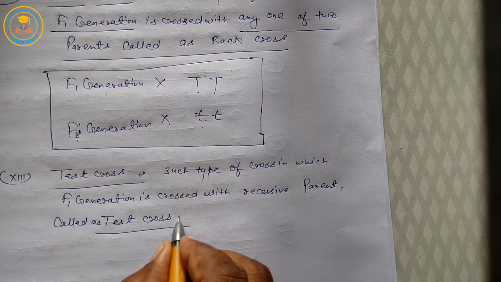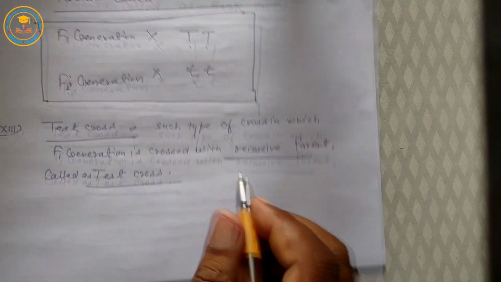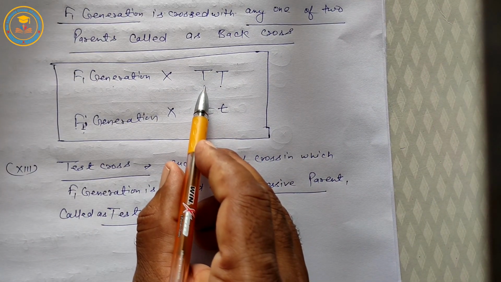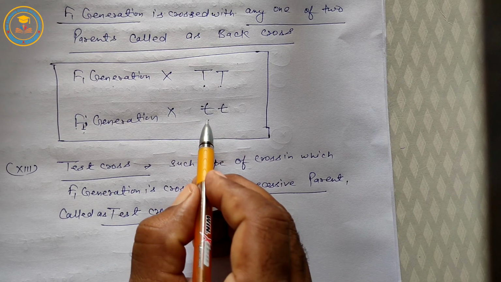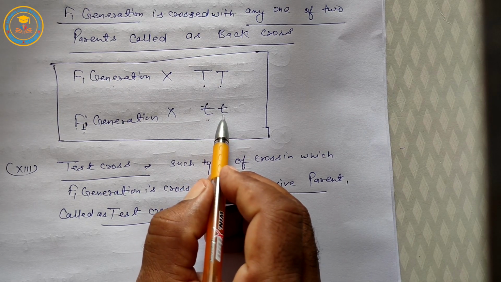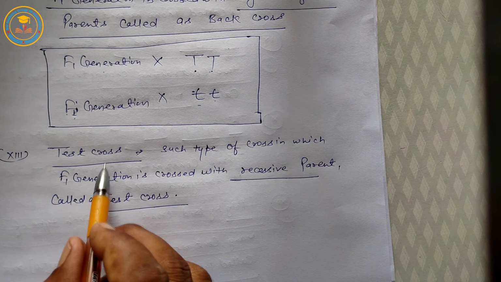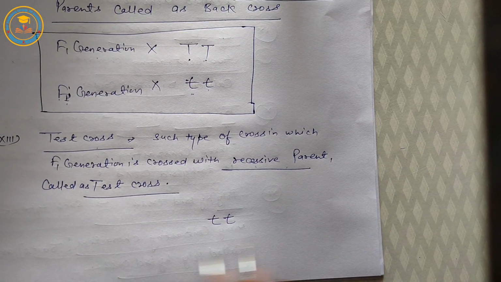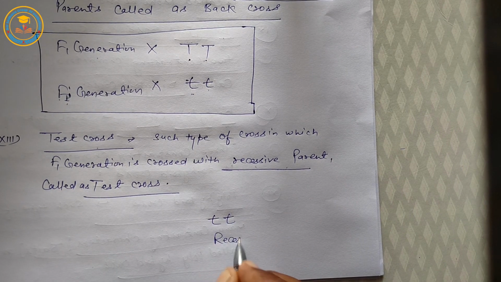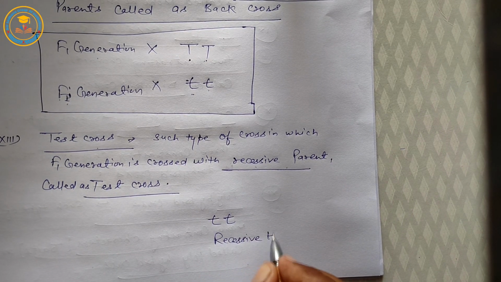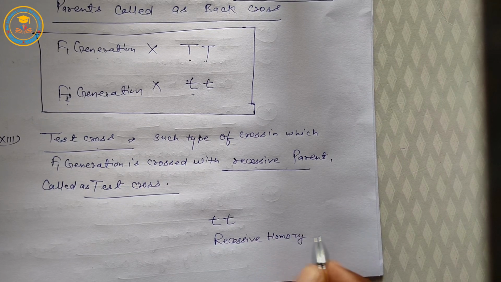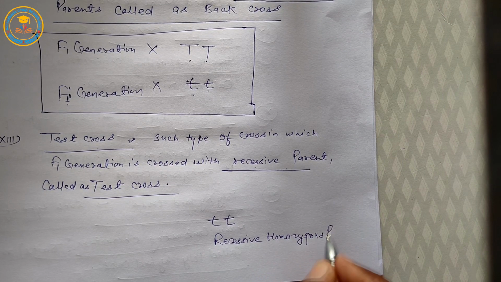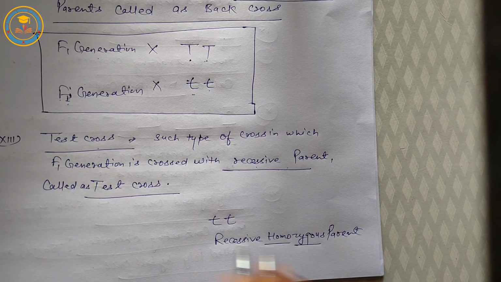Students, this is the dominant homozygous parent, this is the recessive homozygous parent. In this cross, the recessive parent is homozygous, it means equal, diploid.